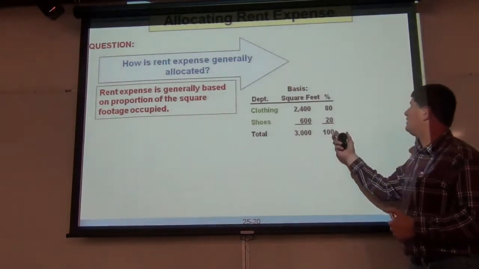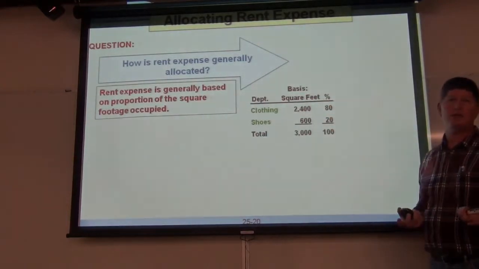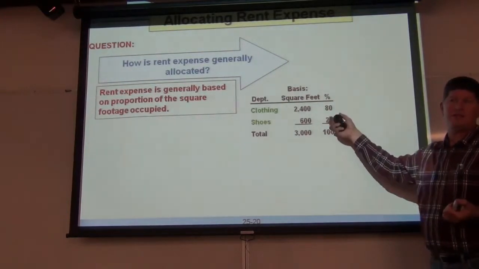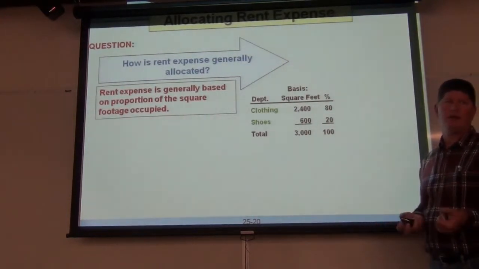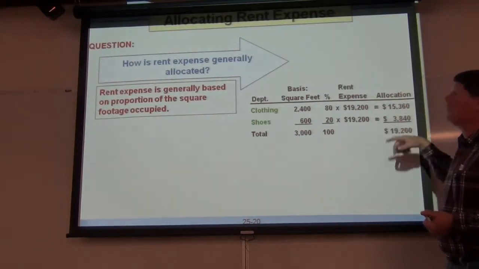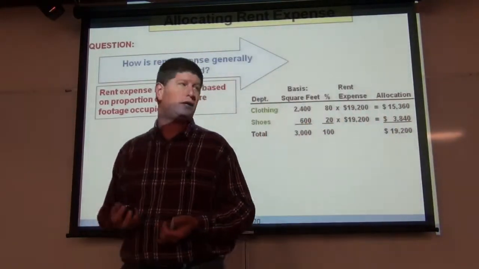So whatever your utility bill is, or rent expense is, you can allocate it 80-20, based on that rule of thumb. Simple? Does Excel lend itself to this real well? Oh yeah. And there's some math. Good? Allocating $19,200, 80-20. Good enough? Pretty exciting.